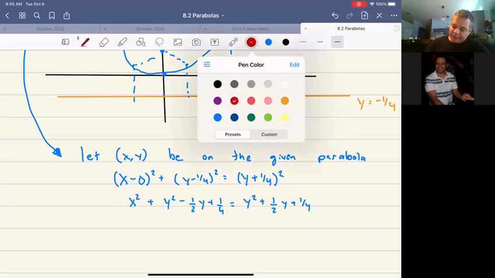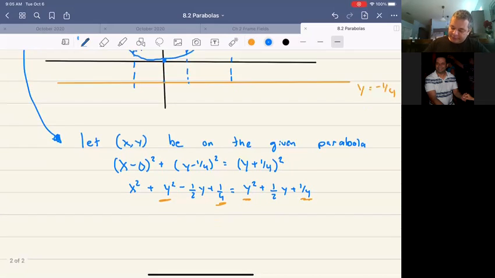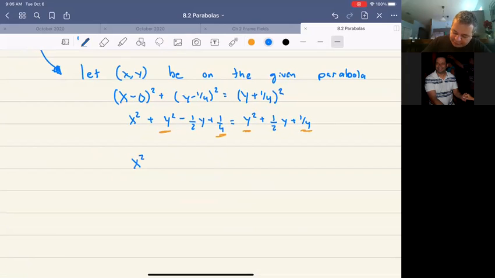Now the y squared terms cancel, and the 1/4 and 1/4 cancel. We move the negative 1/2 y over and add it, so we get y equals x squared, or rather x squared equals y, which is equivalent.